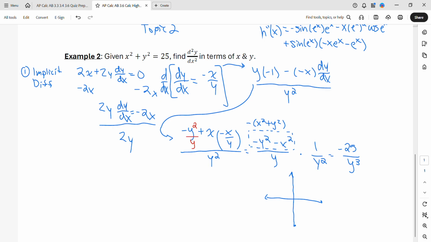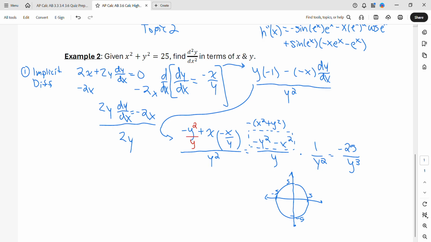This is a circle that looks like that, right? So radius of 5, centered around the origin. So what this second derivative tells me is that the concavity is solely based on the y coordinate.